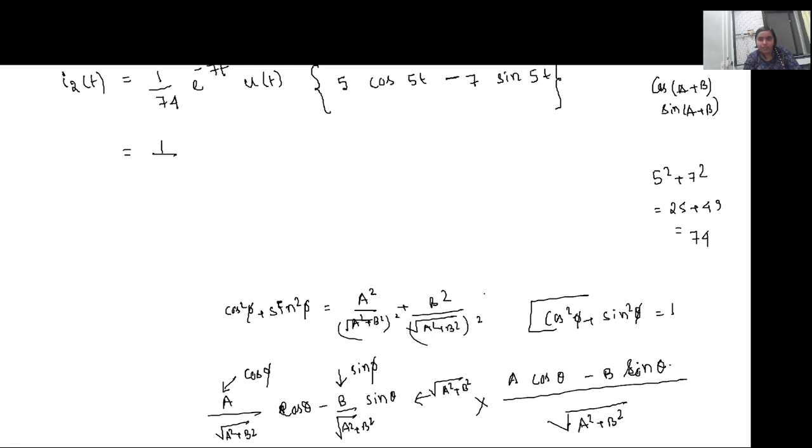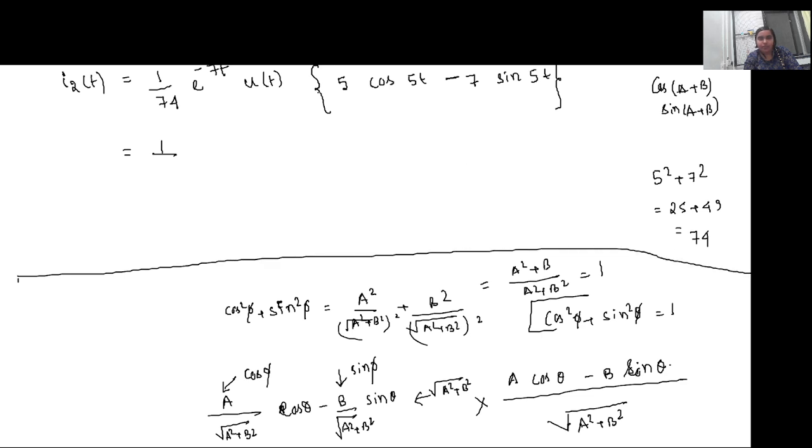So this comes out to be a square plus b square by a square plus b square, which is equal to 1. So the criteria is satisfied. So the trick to write this kind of expression in terms of cos of something into cos of something minus sine of something into sine of something is to normalize the coefficients. In order to normalize, we will multiply the numerator and denominator by square root of 74.